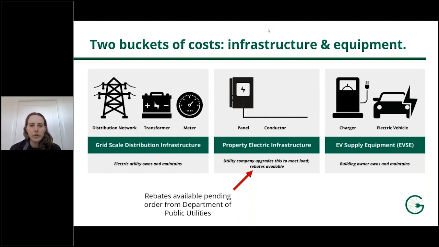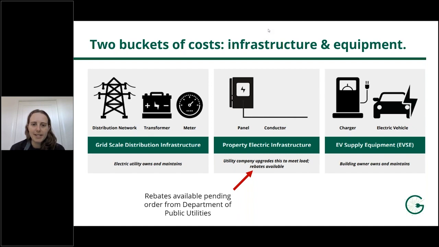And then the site host, the person who owns the property, only has to buy the actual unit and pay for the installation, which is much, much lower if you don't have to pay for the service upgrades. So when we're talking about incentives coming up, we're going to think about them in terms of property infrastructure upgrades and then the actual supply equipment.